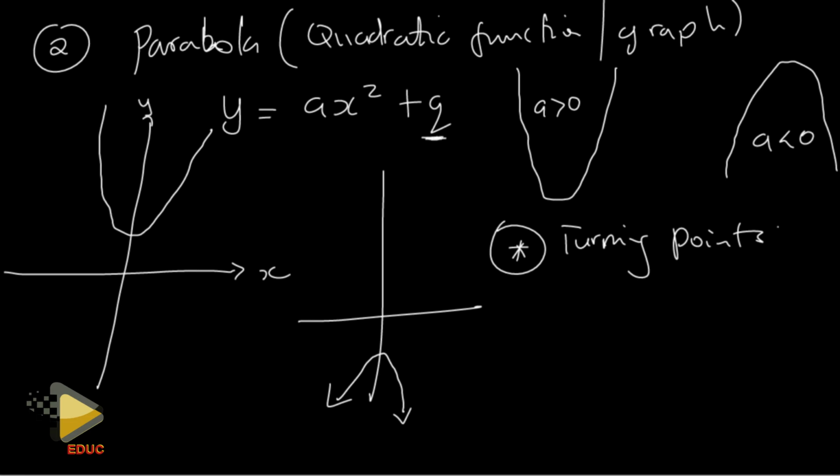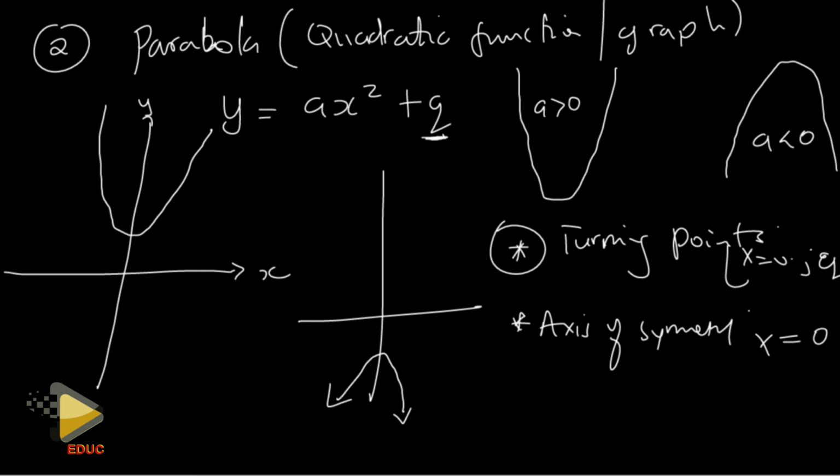So we said Q is one of them, and your turning points are always going to be on the y-axis. Okay, so which means x will be always a 0, and then Q will be the y value. Okay, next we have what we call the axis of symmetry. Axis of symmetry, that is the line where the parabola is being divided into two. So in this case, we're going to say x is equal to 0. Okay, and then what else?